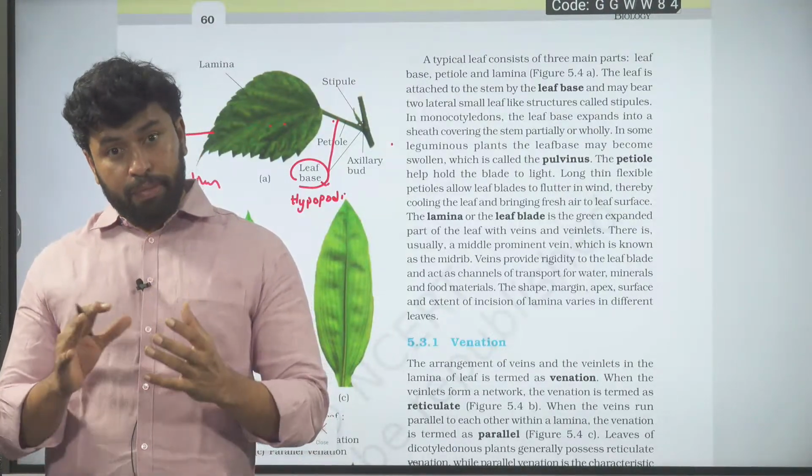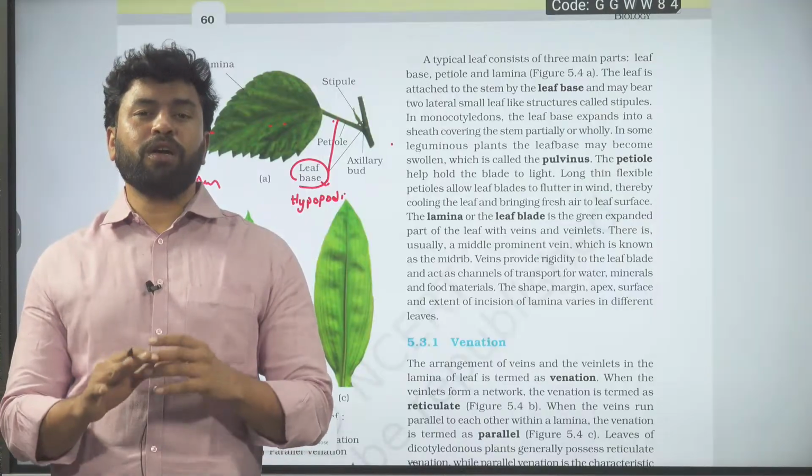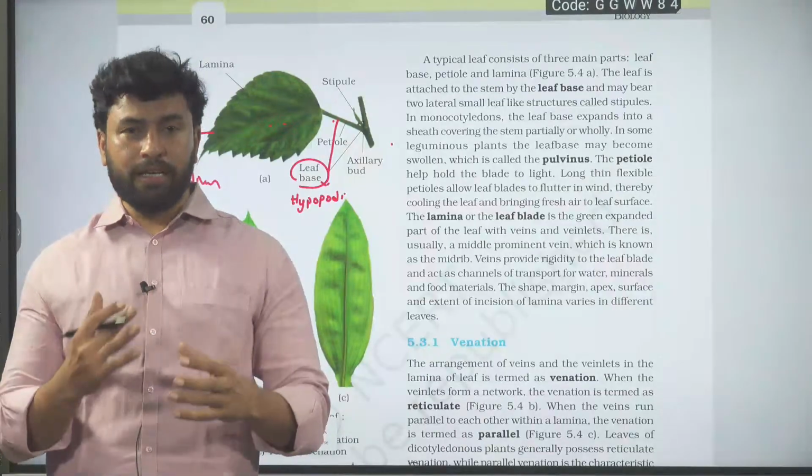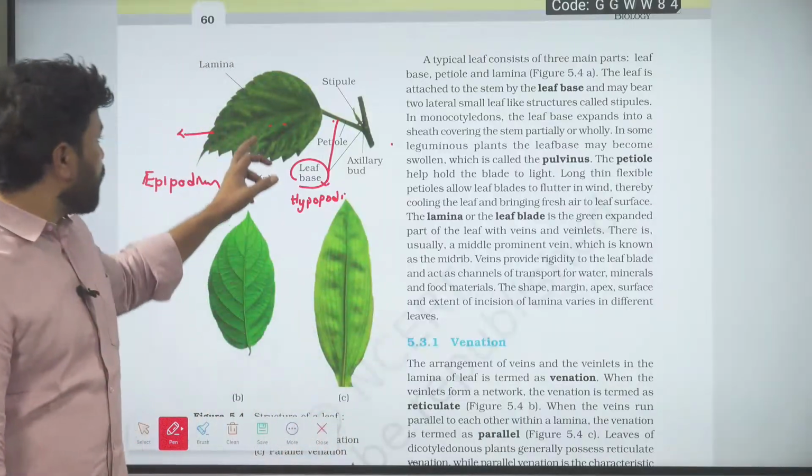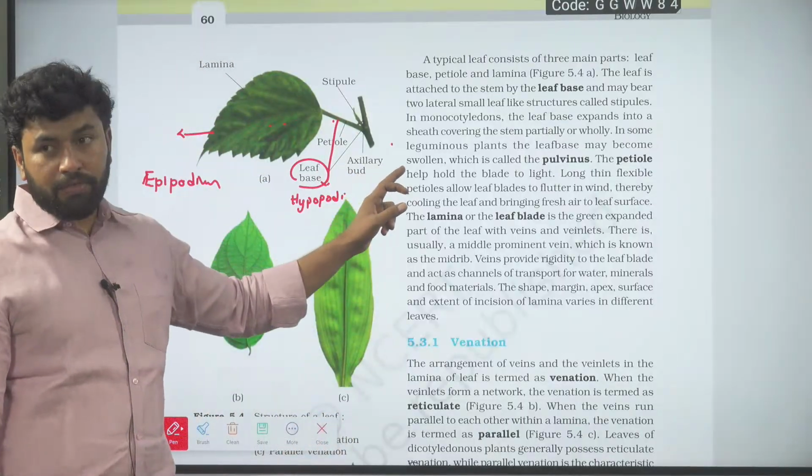Within the leaf blade or leaf lamina, whatever food it has synthesized is transported through veins to other parts of the plant.